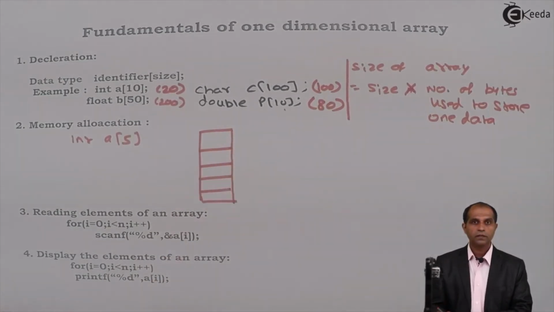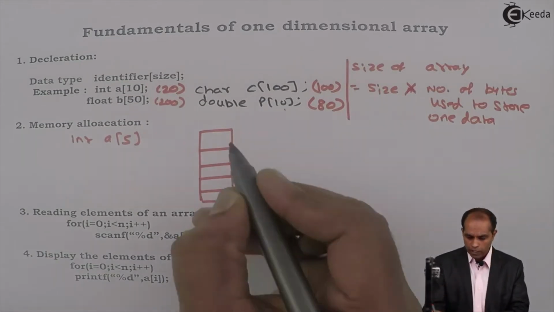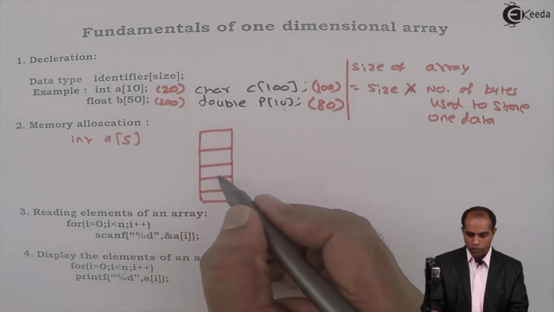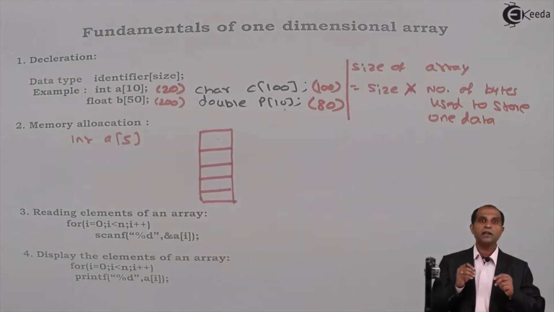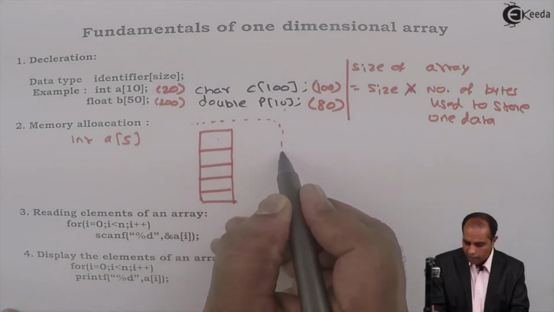I have 5 data, so each location is capable of handling one data. Each location will be of 2 bytes. 2 bytes plus 2 bytes 4, 4 plus 2 6, 6 plus 2 8, 8 plus 2 10 bytes will be allocated to a.